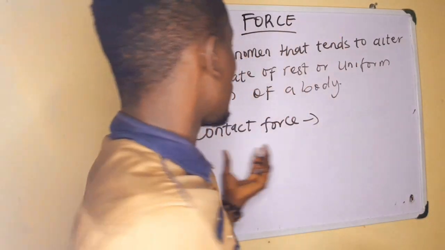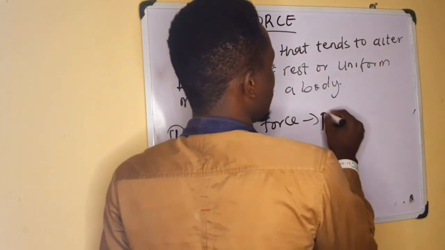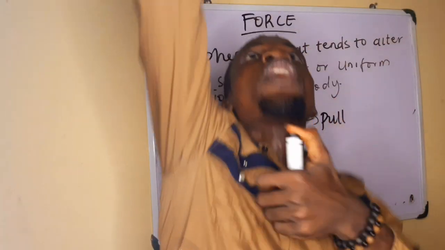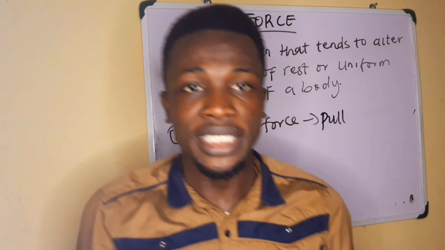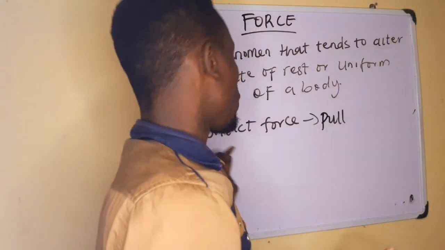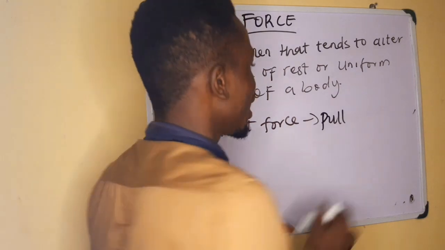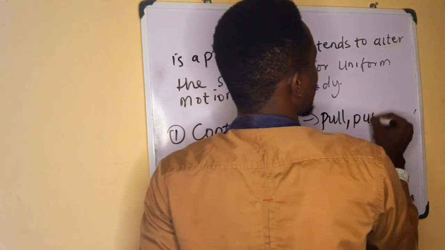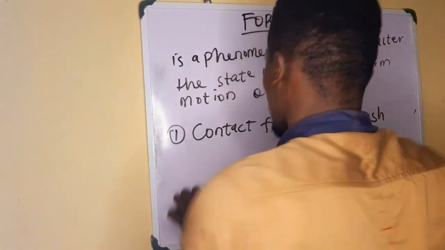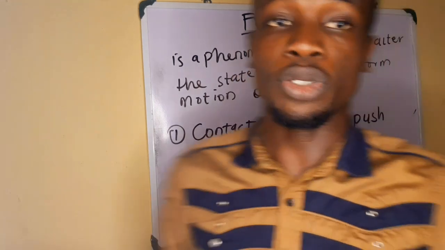Examples of these contact forces are the force of pull. If you're pulling something, let's say a rope, you are applying the force of pull, and it's under contact force. The next one is the force of push. When you're pushing something, for example, if I'm pushing against this wall, I'm applying the force of push.